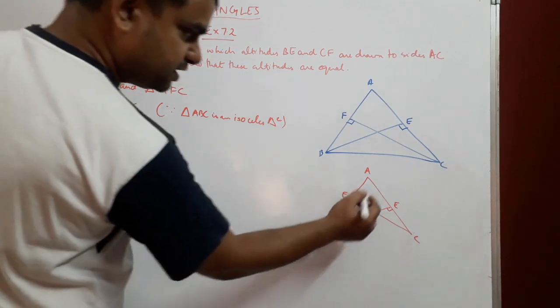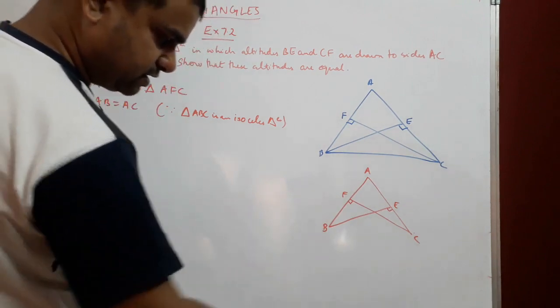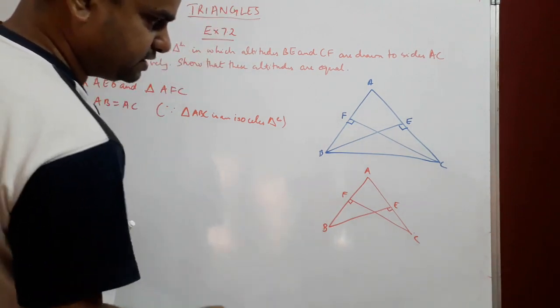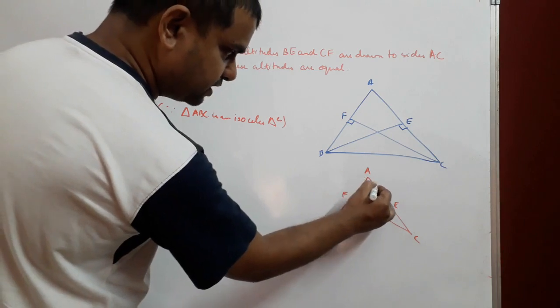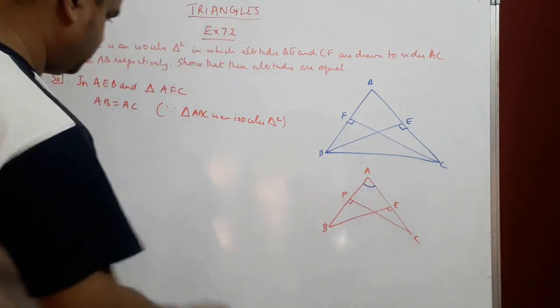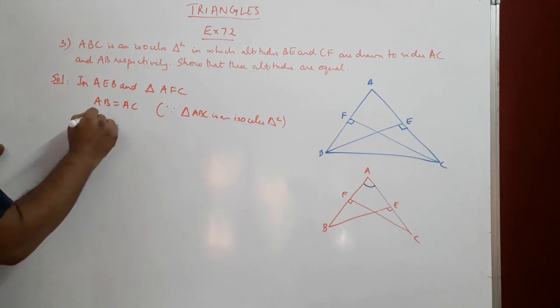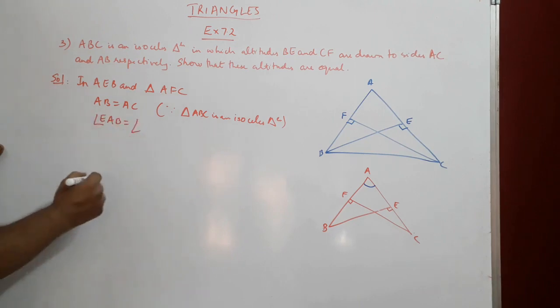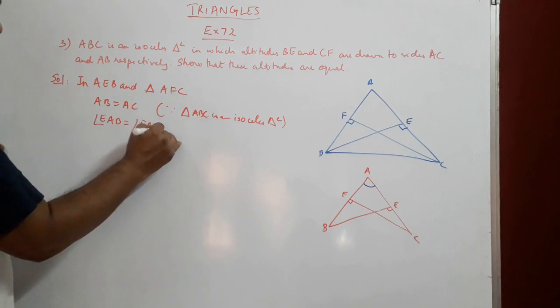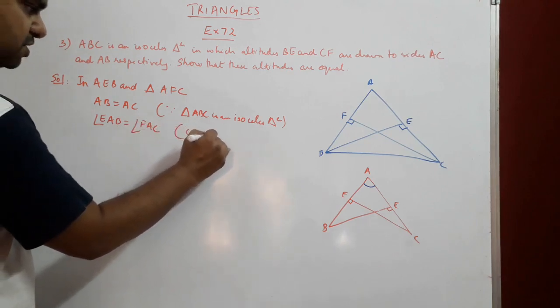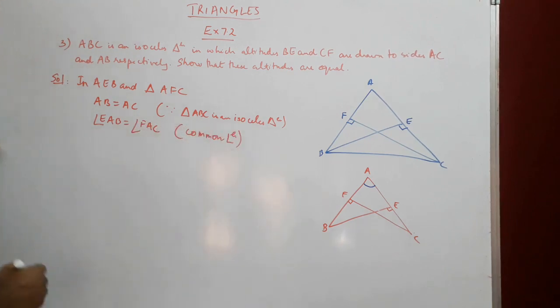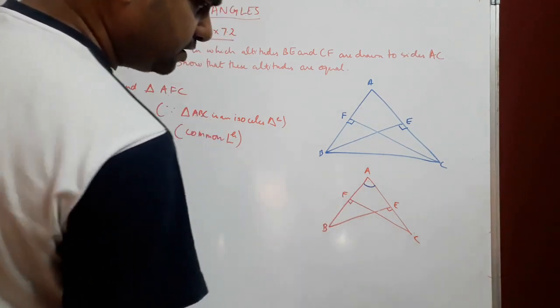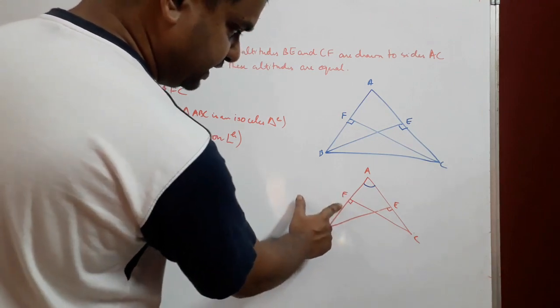We can also see that triangle AEB and AFC share one common angle, that is A. So we can write angle EAB is equal to angle FAC, common angle. So we've got an angle, we have got a side.